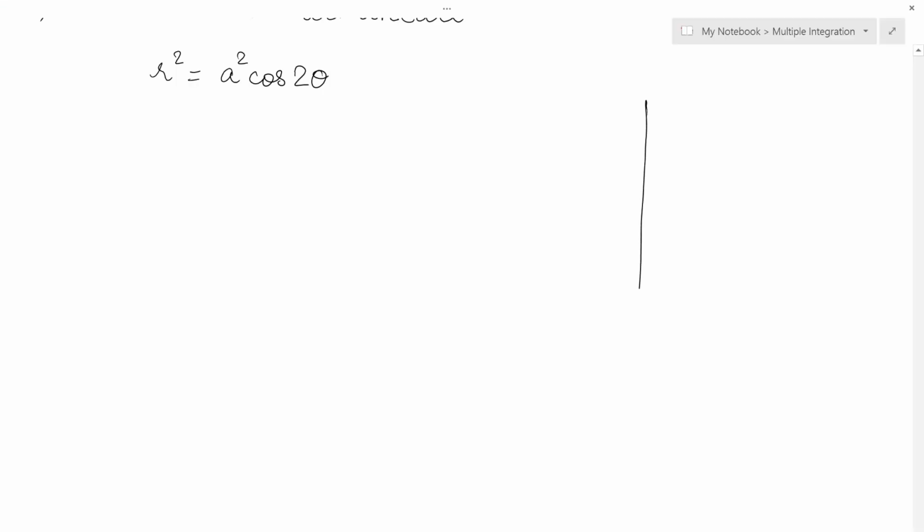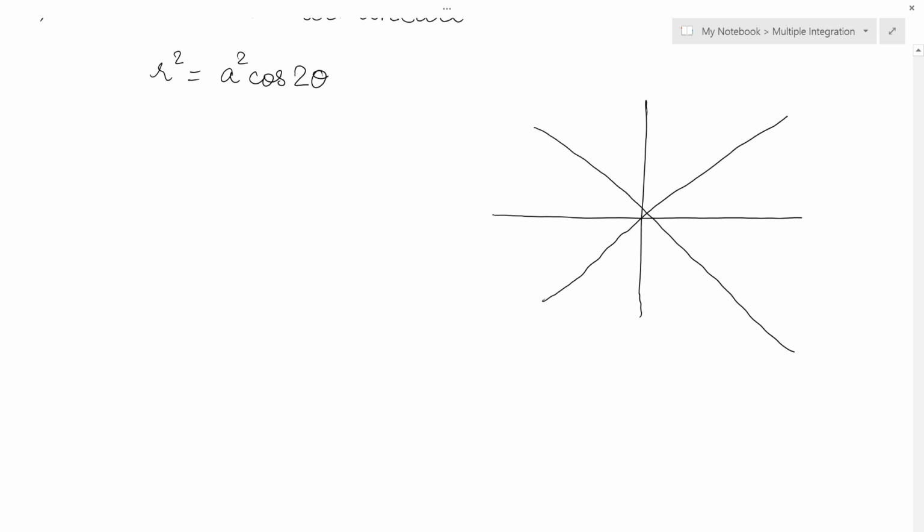If you remember, this curve is how? First you draw the x-axis, your y-axis, right? Then you draw the line y is equal to x and y is equal to minus x in this. And then these are the petals, like this one and this one. This is your Bernoulli's lemniscate.